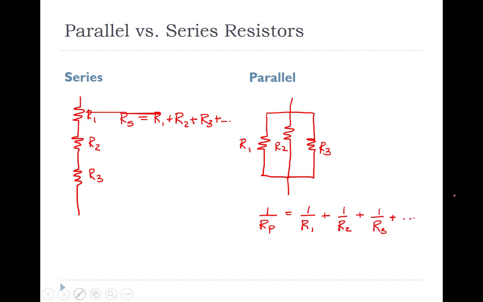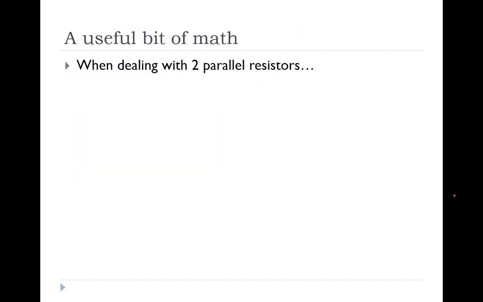Okay. Now, this formula is a little bit tricky. If you're not used to adding inverses, you gotta pay attention to what you're doing. So, I'm going to give you a little bit of useful math about parallel resistors. I'm also going to give you a cautionary note.